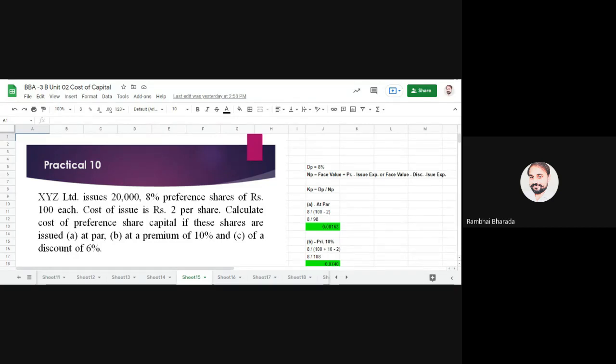और डीपी हम किस तरह से याद रखेंगे? डीपी व्हाट्सएप वाला नहीं, कौन सा? डिविडेंड on preferences. Okay, a dividend on preferences. Are we clear?